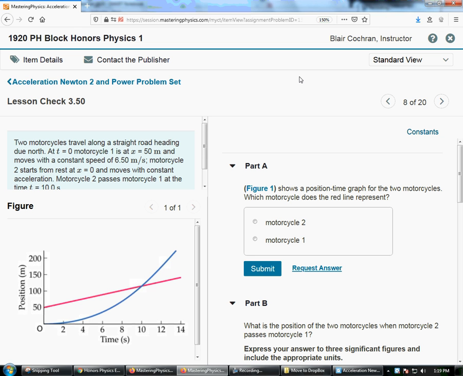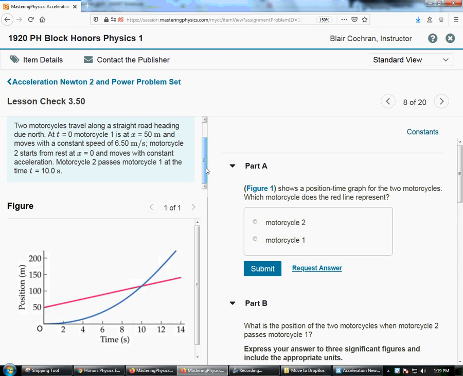So I know that that's moving at a constant speed. 2 starts with x equals 0. It was a constant acceleration. Yep, the blue line is curved. Motorcycle 2 passes motorcycle 1 at a time of 10 seconds. Right? That's when they pass. To pass, you have to be at the same place, same time. Do you have to be going the same speed to pass somebody? No, just same place, same time.